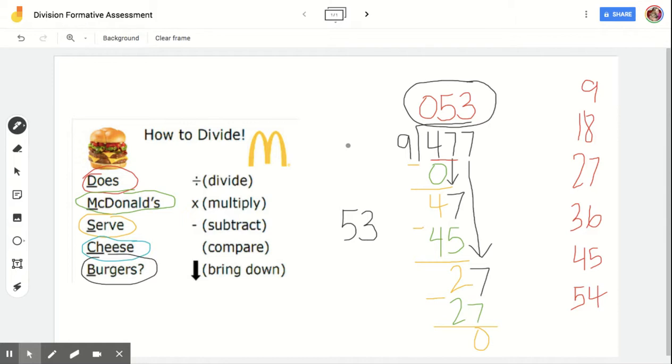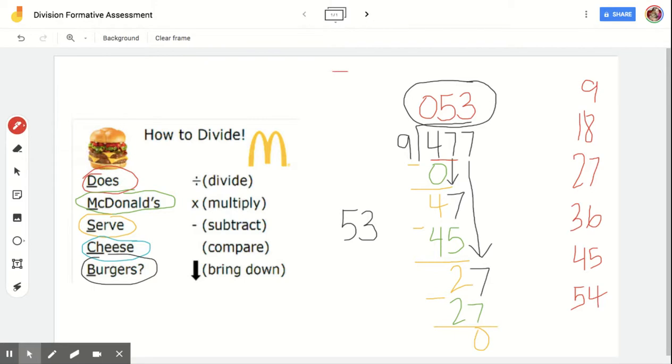We can check and make sure that's the correct answer by multiplying our quotient times what we're dividing by. When you multiply the number you're dividing by times your answer, it should give you the number on the inside. So I'm going to do that really quick to check my answer.